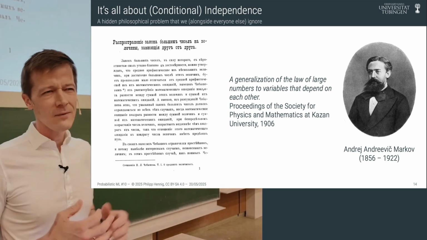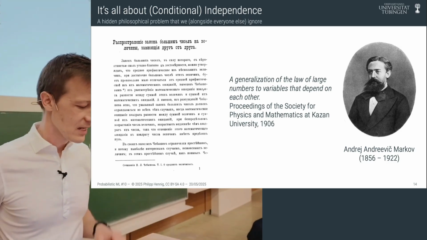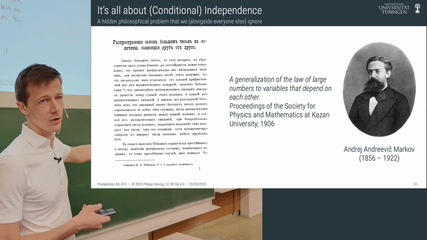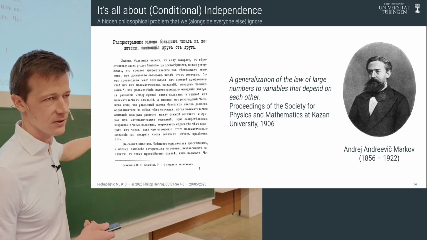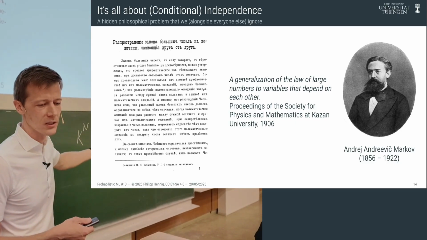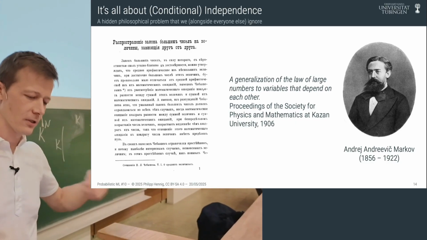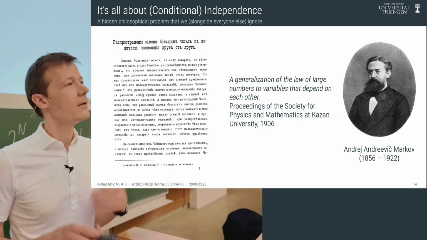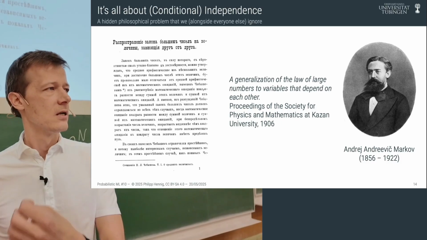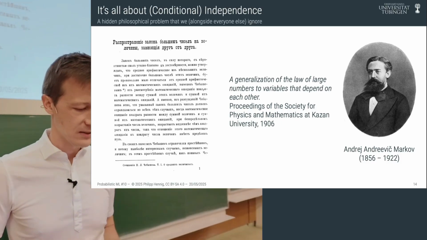And we probably wouldn't know about Markov, and we probably wouldn't be calling them Markov chains these days if it weren't for Andrei Kolmogorov, who translated his works, I think directly into English, and basically informed the rest of the world and said, this is important work, you should read about it. Why? Because it studies this idea of conditional independence in a very interesting generic case.